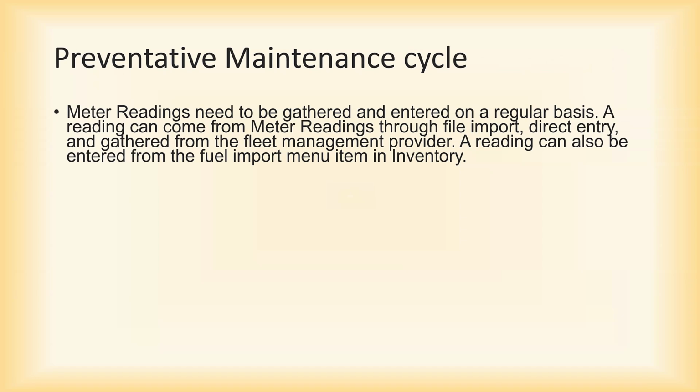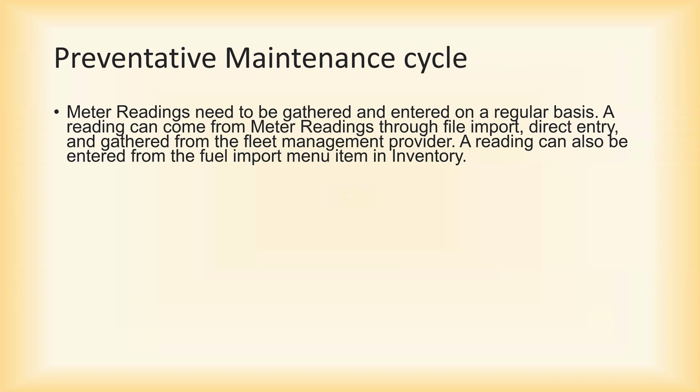Otherwise, it's going to be something that is through a file import. If you're doing manual, direct imports, you can do that by making a simple Excel spreadsheet and saving it as a CSV file. You can do direct entry, which is just keying it in to our screen. As well as it can also be brought in from the fuel import.